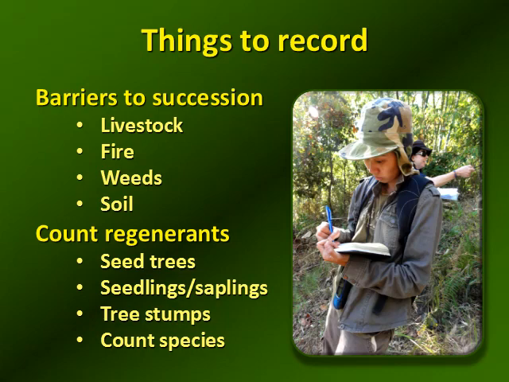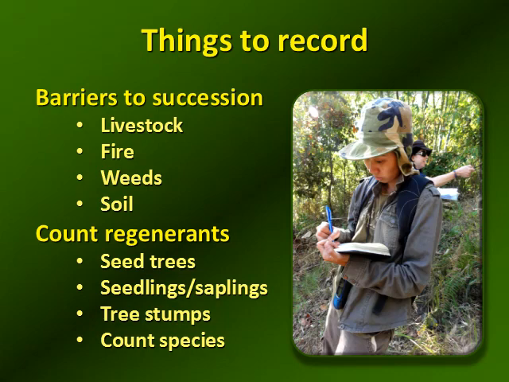And then you can look for obvious signs of soil erosion. You can note down if there are exposed rocks or if you actually begin to see the start of erosion gully formation. Then you're going to count the numbers of regenerants. A regenerant is any source of natural regeneration, but not including seeds, because obviously you can't count all the seeds in the soil.